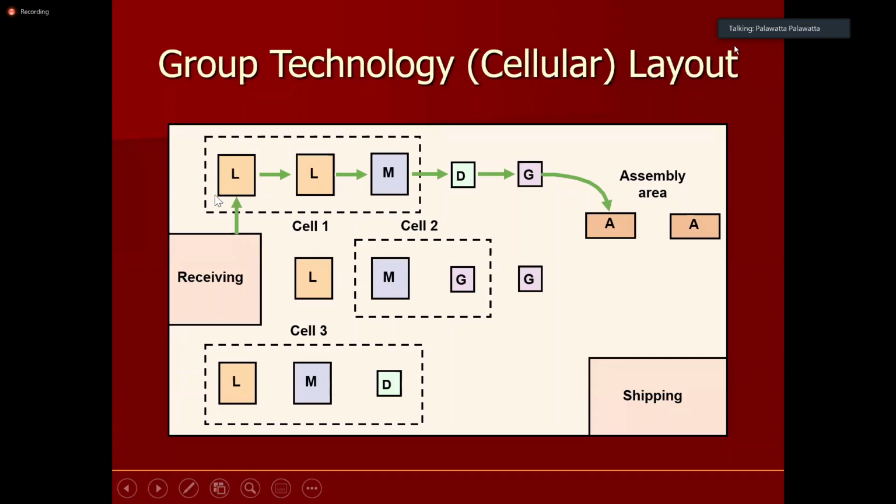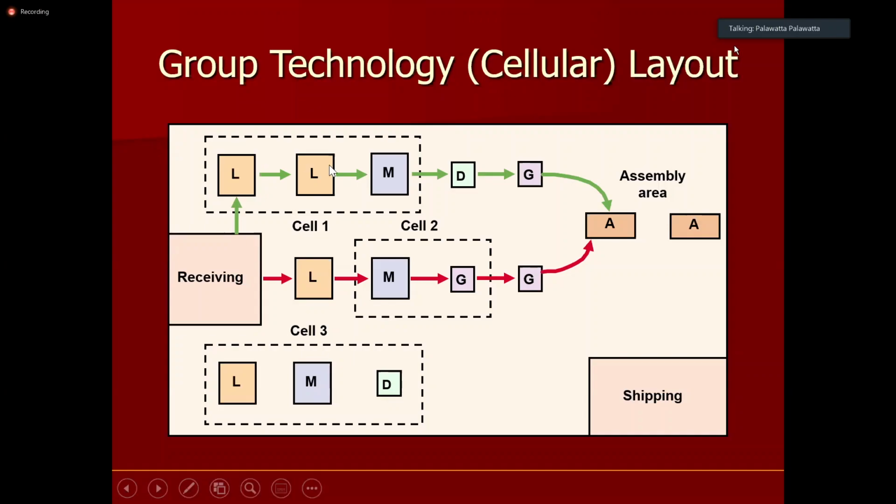For cell 1, we have grouped machine centers L, M. And then for cell 2, M, G, and cell 3, L, M, D. So within these cells, the majority of the parts are moving through the cell.